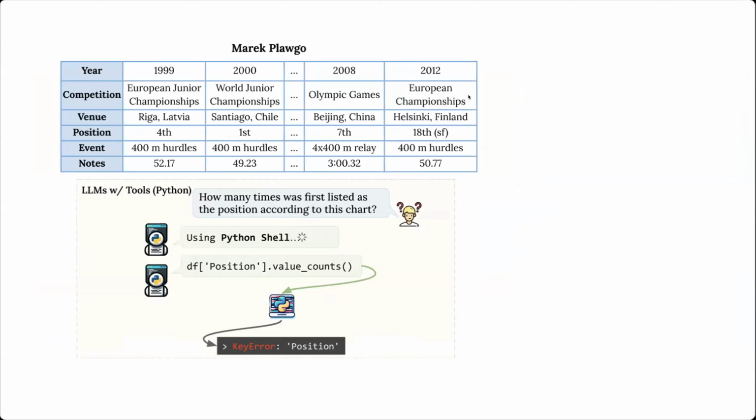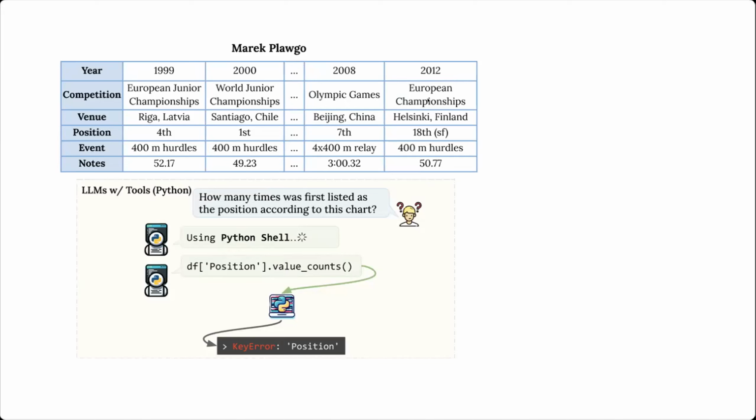The most important thing about tables with headings located in the first column is that if you are trying to interact with Python shells, what we call symbolic reasoning, the large language model can semantically understand the table, which means they will simply consider them as column headers, but actually they are not column headers.